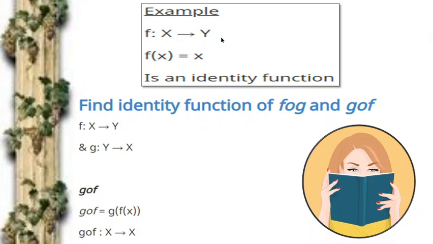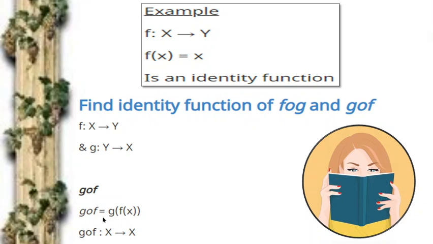Now let's take one example. Function f is defined from x to y and f(x) = x is an identity function. Find the identity function of gof and fog. If function f is defined from x to y and g is defined from y to x, then gof means g of f(x).